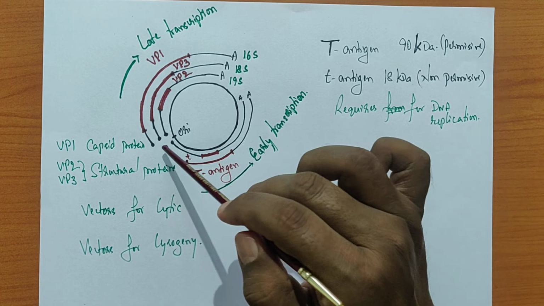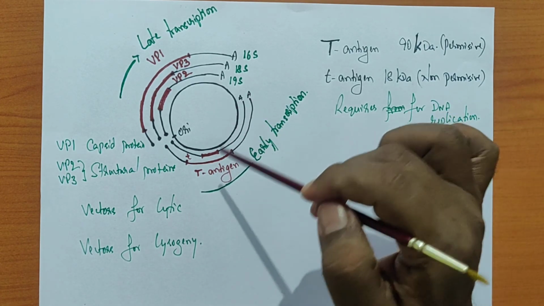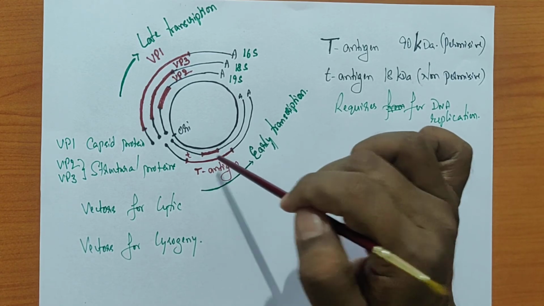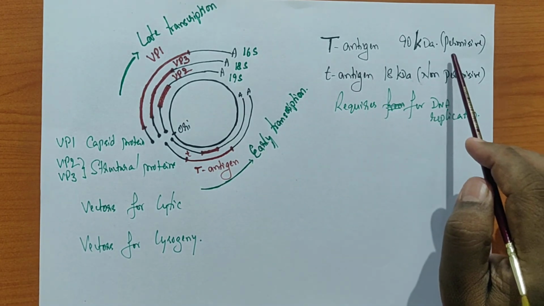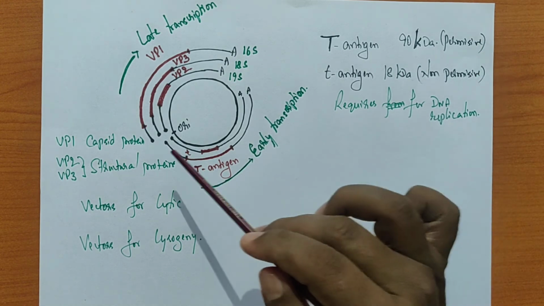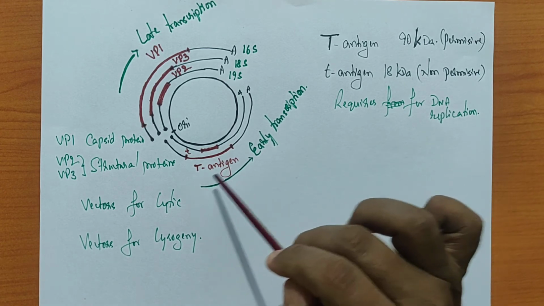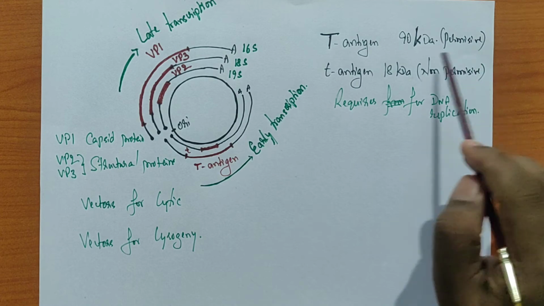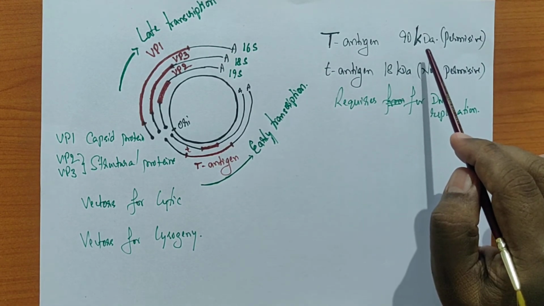Now this is the mRNA. It has a poly A tail, and the splicing takes place differently in different hosts. In the case of permissible cells, where it will enter into the lytic cycle, this mRNA will splice to provide the T antigen, which will produce a protein of 90 kilodalton.